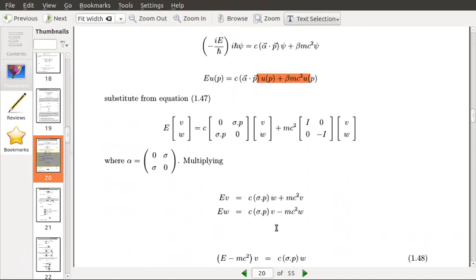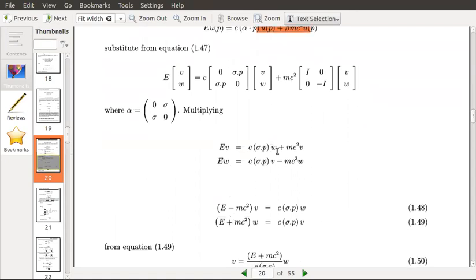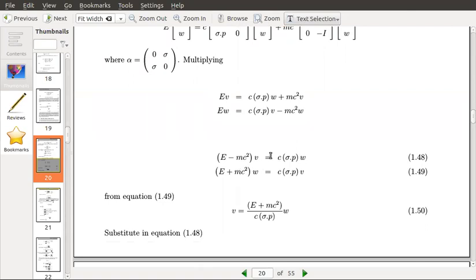When we simplified this equation, we got two equations, one with E v and another with E w. Then we again changed these two equations, with V on one side and W on the other side.